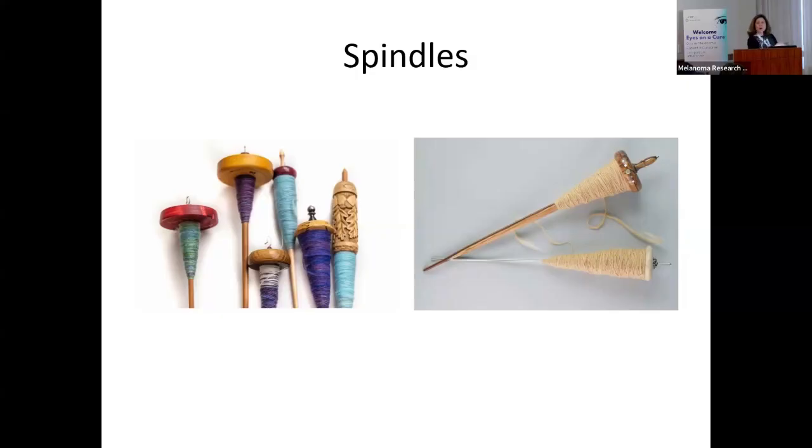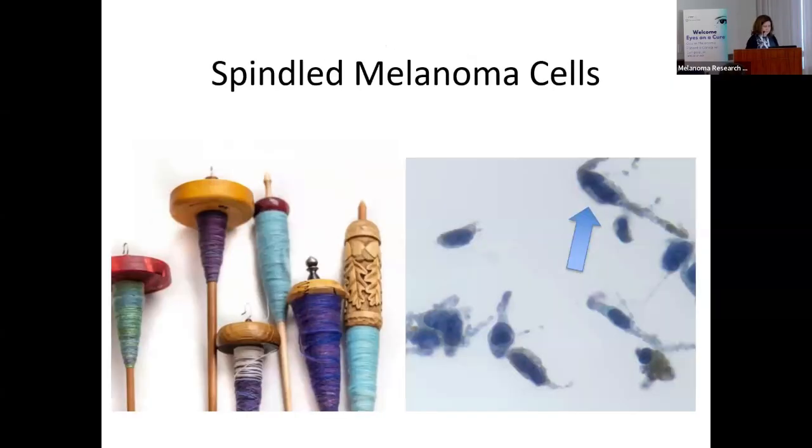But the point of a spindle is that they're tapered, right? They have pointed ends. The top and the bottom are both pulled out. They are tapered. And melanoma cells, almost all melanomas, have some component of spindled cells that resemble these spindles, like this guy.